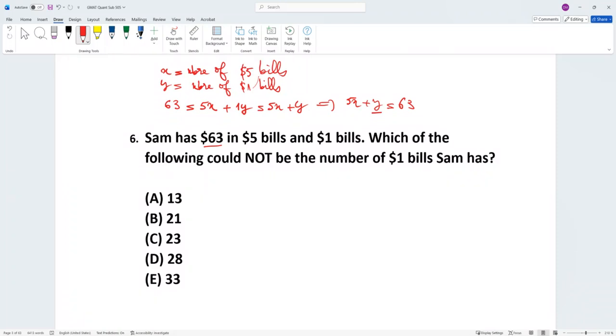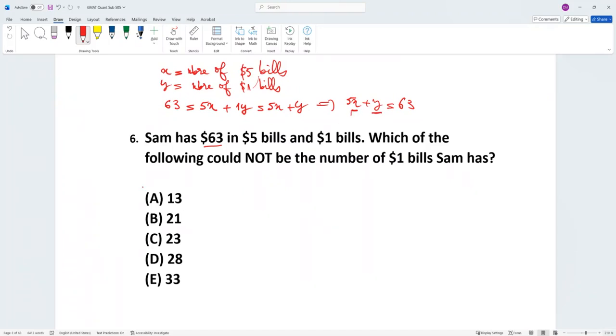So Y can be a bunch of numbers depending on X. So one way to find that out is to say that in order to find the value of Y, X here must be a whole number, because we can't have 1.5 number of $5 bills. Okay, so the value of Y here is dependent on the value of X.